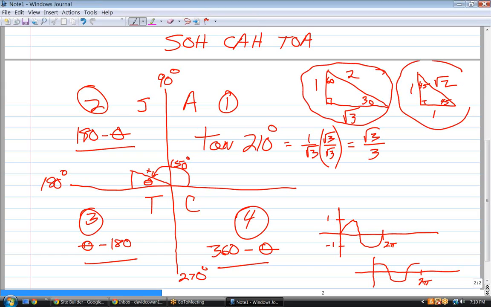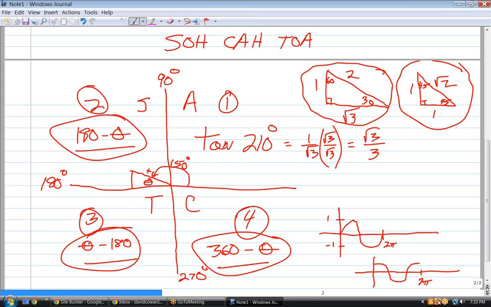Same with that triangle there. Same with 1, 2, 3. Same with ASTC, all students take calculus. In other words, if you memorize all of this in groups of 3 or 4, then you will know your unit circle. You will not be able to miss one.